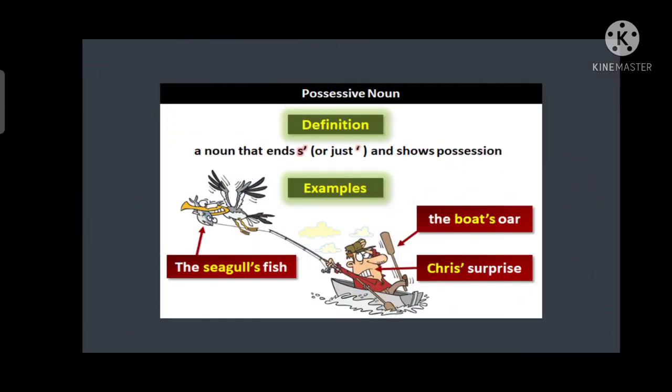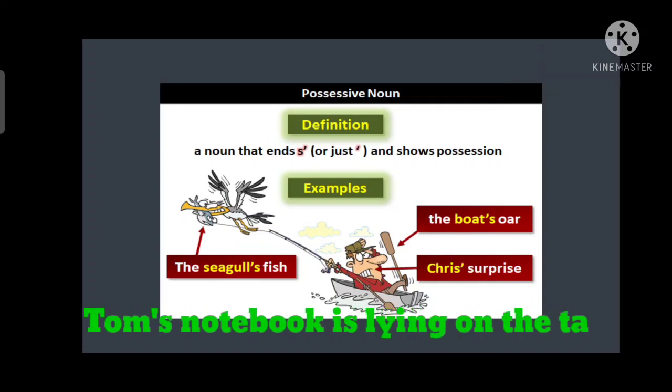Now see another example. A noun that ends in s takes an apostrophe and shows possession. The seagull's feast. Whose feast is it?